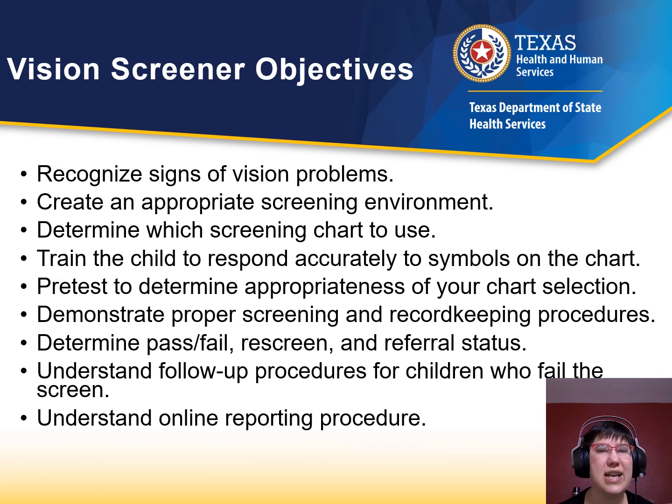We need to pre-test to determine the appropriateness of the chart selection. We need to demonstrate proper screening and record-keeping procedures. We need to determine if they've passed or they failed. We need to determine if we need to rescreen and set up an appropriate time frame rescreen. And we need to monitor the referral status.